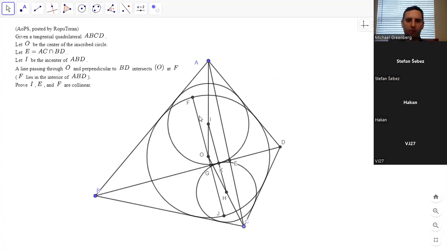So let's see, if the problem were true, we'd have FG over GJ is IK over KH, because IK and KH are the radii of the two circles.